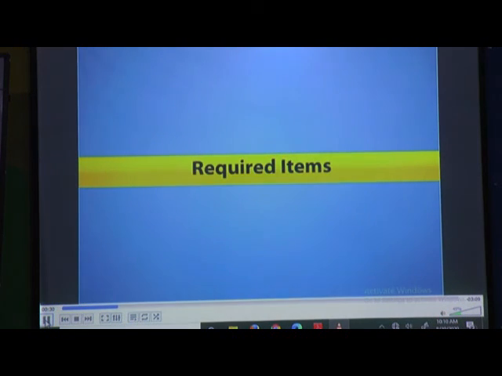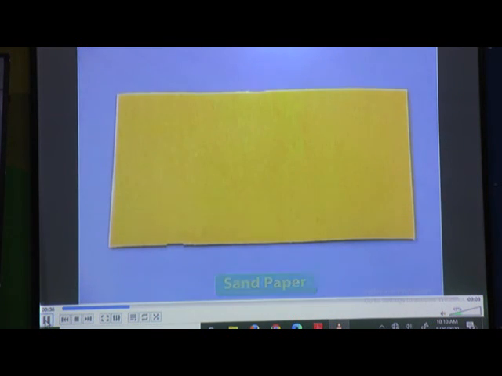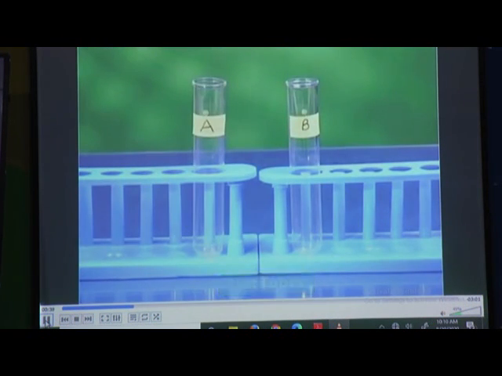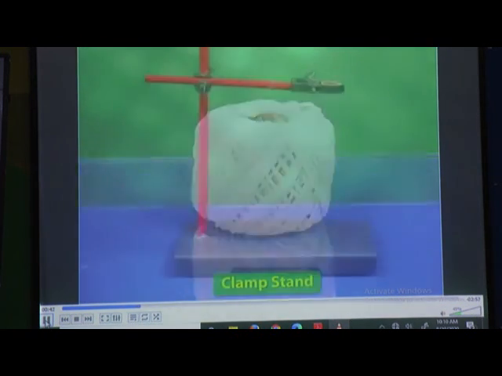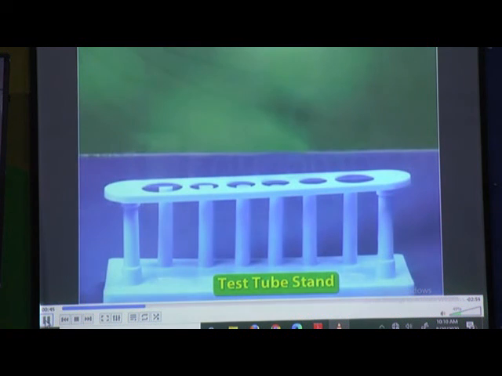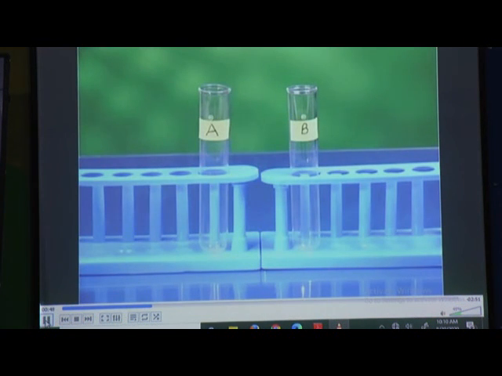For this activity, you will require iron nails, sandpaper, test tube, copper sulfate solution, thread, clamp stand, and test tube stand. Take two test tubes marked as A and B, and in each test tube pour about 10 milliliter of copper sulfate solution.